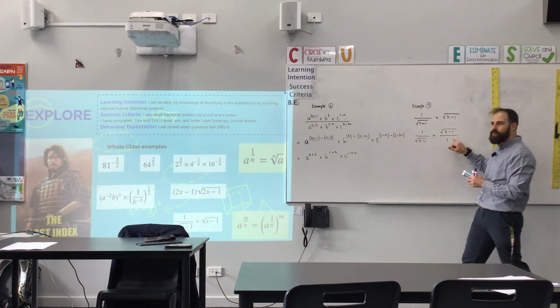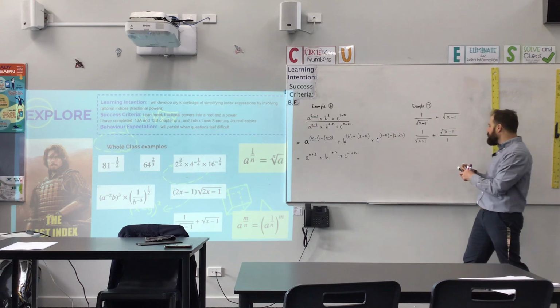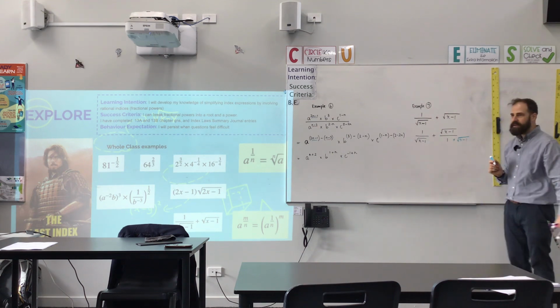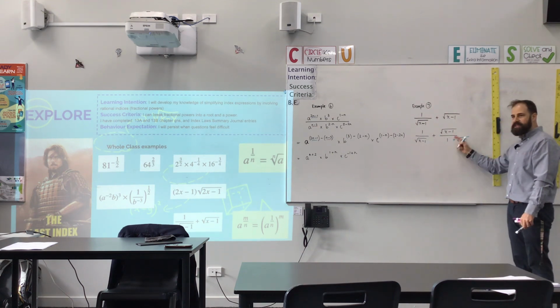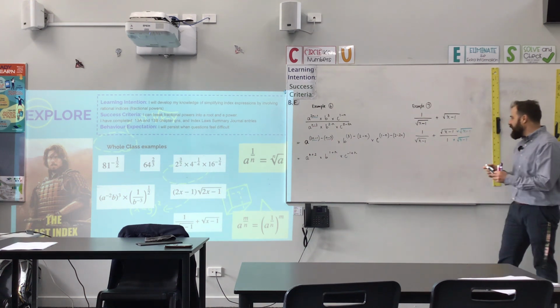So I'm going to turn this 1 into the square root of x minus 1. How am I going to do that? I'm going to multiply it by the square root of x minus 1. But I can't just multiply the denominator by the square root of x minus 1. What do I also have to do? Multiply the numerator by the square root of x minus 1.